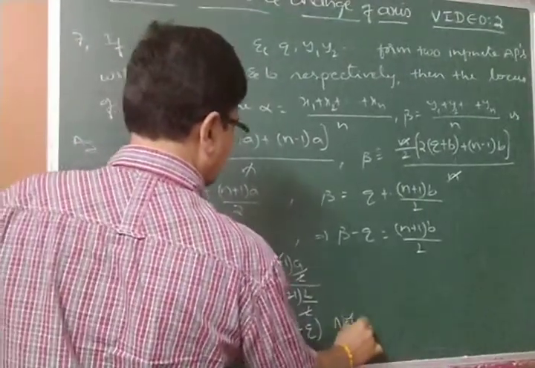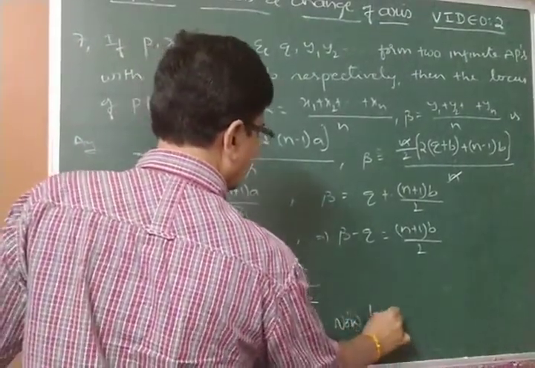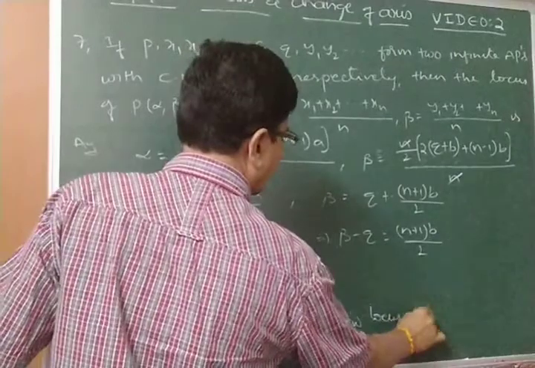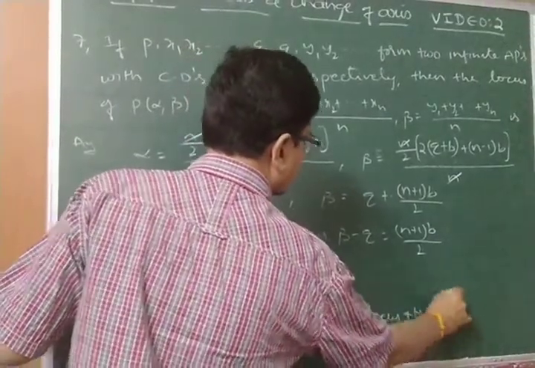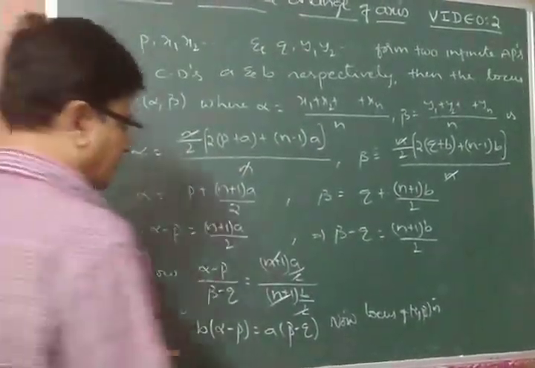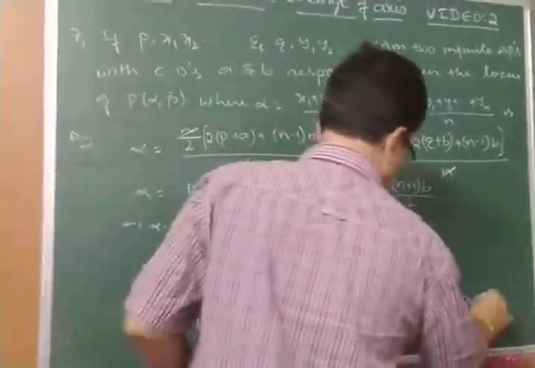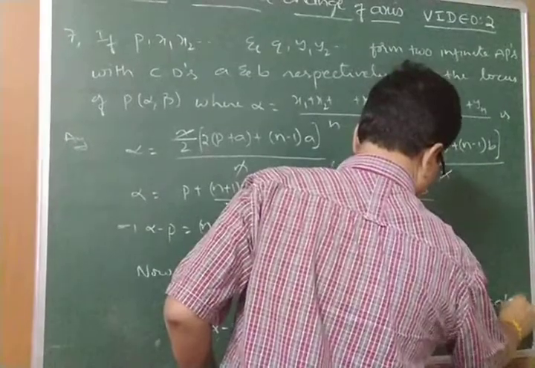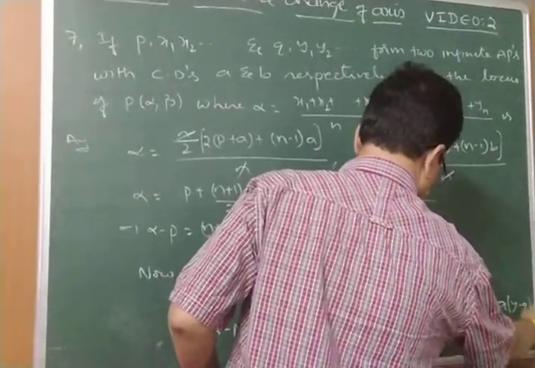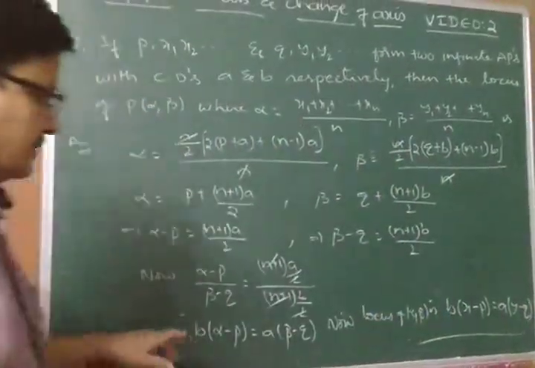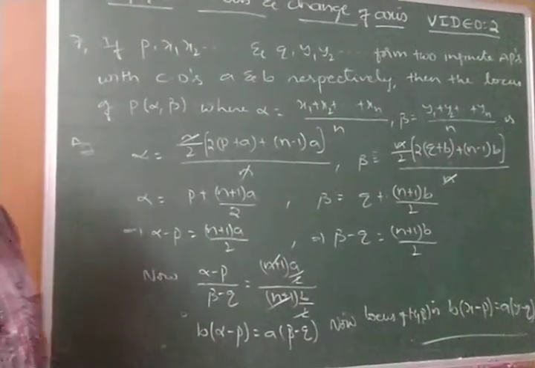Now the locus of (alpha, beta) is b into (x minus p) is equal to a into (y minus q). This is the required locus of the given problem.